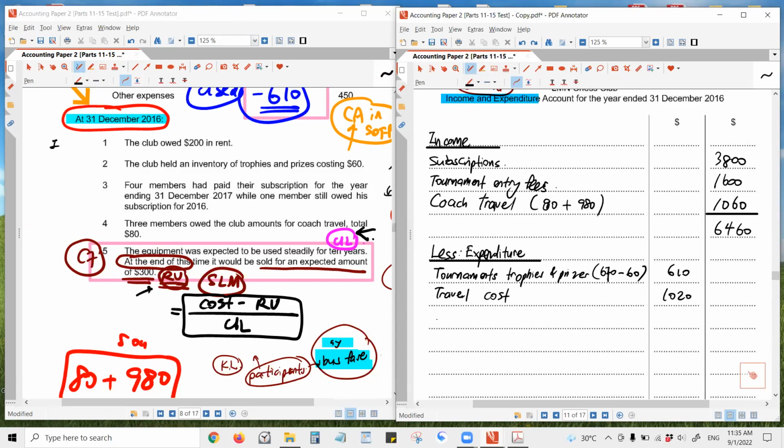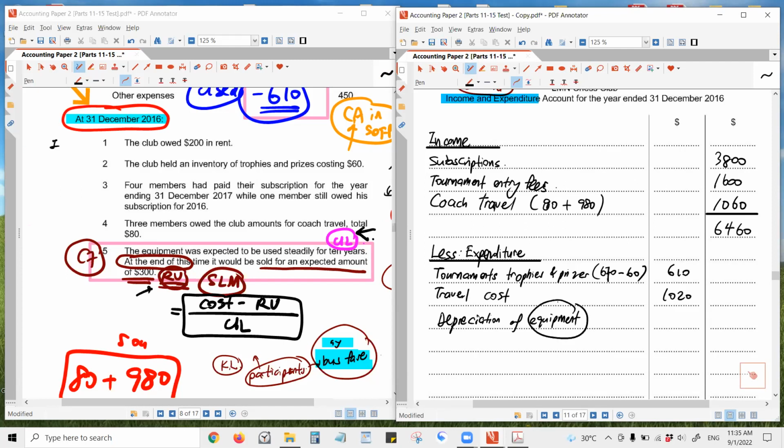You write depreciation of equipment. You cannot leave out the word depreciation. You must have the word depreciation in front, otherwise it's wrong. You must have the word depreciation and also the name of the NCA. You must have everything.